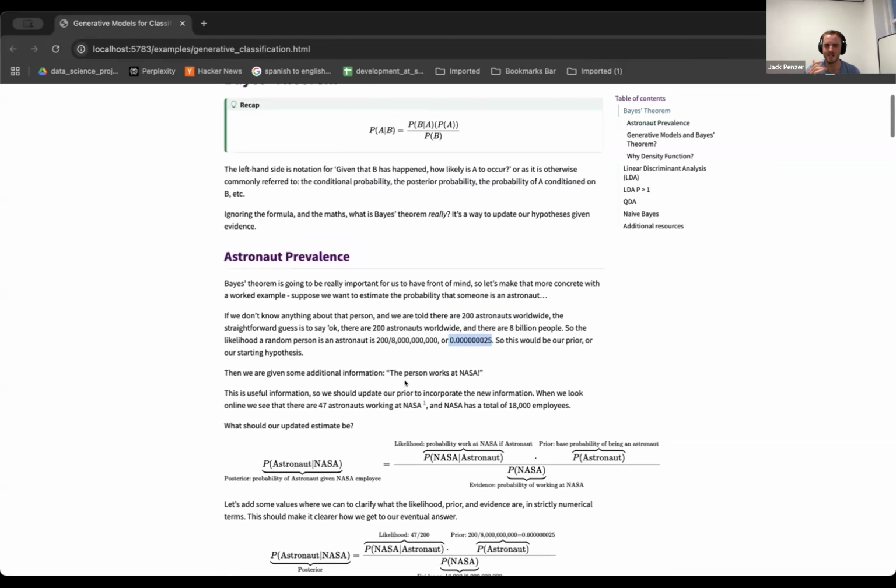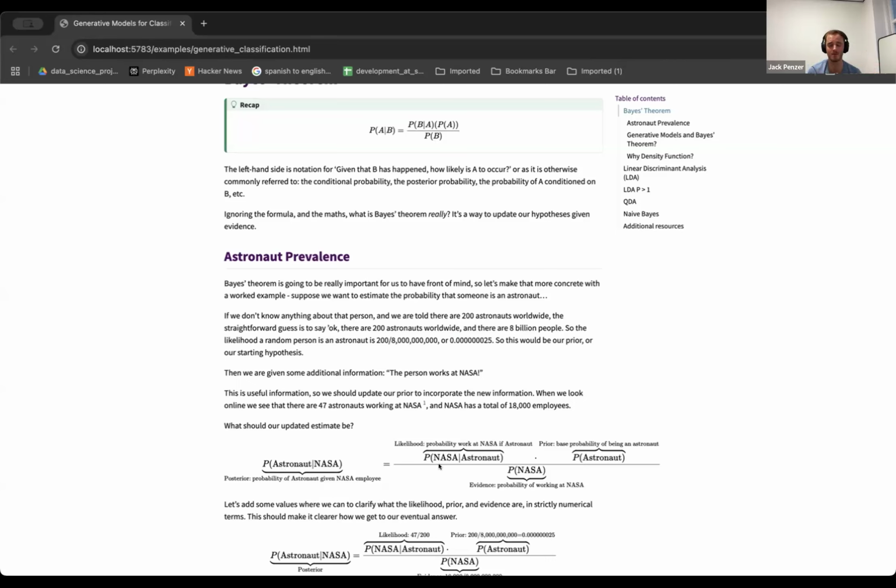The key parts of Bayes' theorem are that this is what we're trying to figure out. This is the posterior. So after we take the information that we learned, what is our estimate? And we get that by multiplying the likelihood by the prior, and then normalizing by the evidence. But the main thing is really up here. If this is, given that someone works at NASA, are they an astronaut?